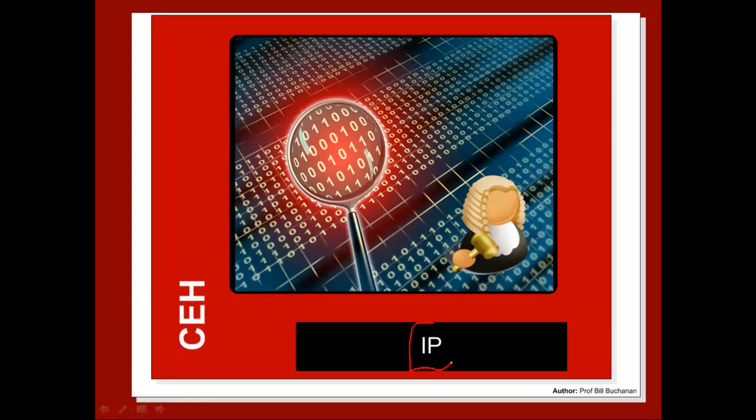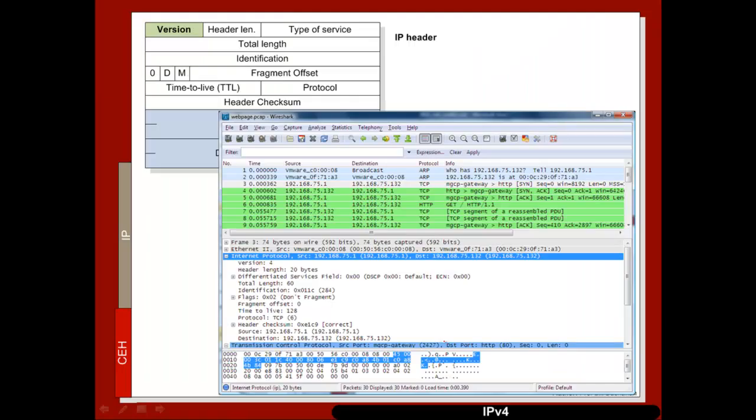So let's look at a very important protocol, which is the IP protocol. And it's the IP protocol that really makes the internet work. So the IP header is made up with a version number. So this is typically either IP version 4 or IP version 6.